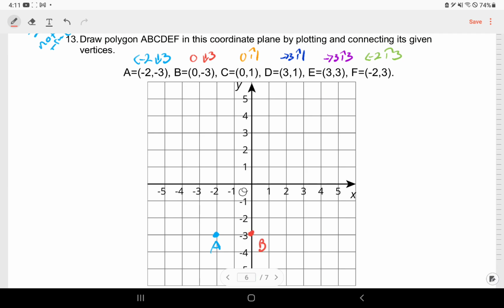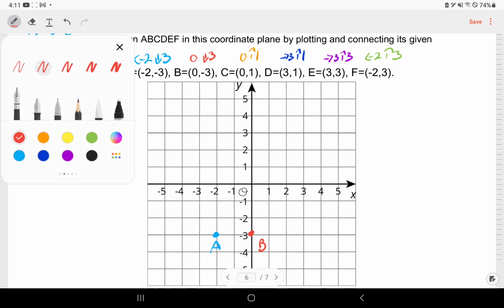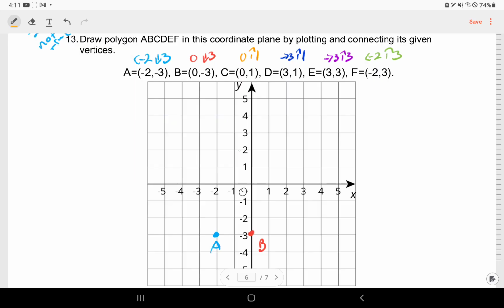And there's B. Then we go 0, up 1. And there's C. And then we go right 3, up 1. 1, 2, 3, up 1. And there's D.